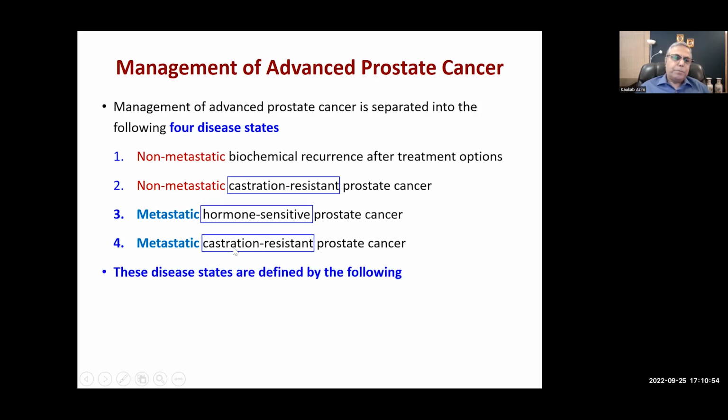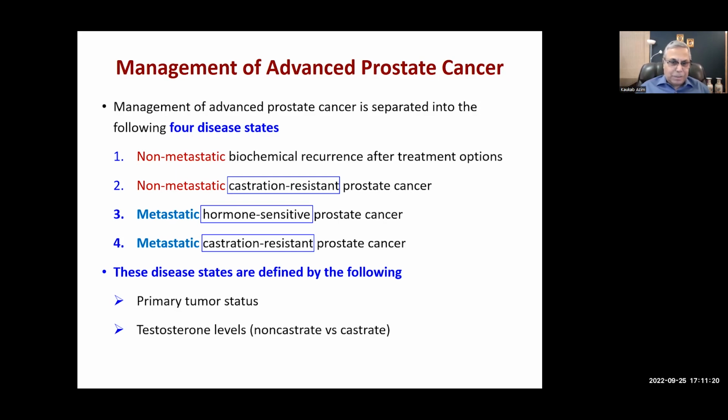All right. So these disease states are defined by the following. In these disease states, we look for more things. What are those things? Primary tumor status, which means, have they invaded the seminal vesicles? Have they penetrated into the capsule? Have they gone into the urethra? All right, things like that. We have discussed them.